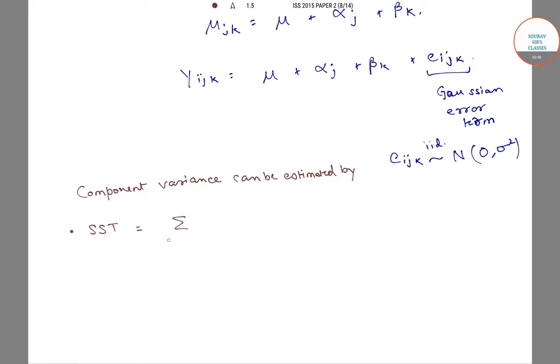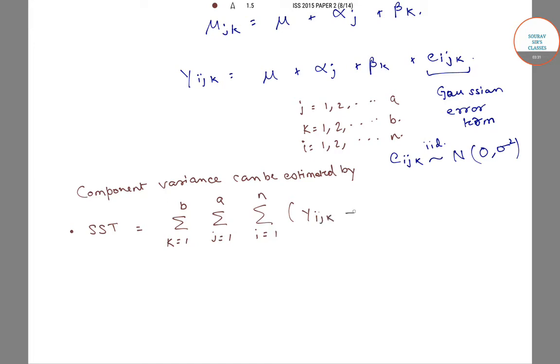This is equal to summation k goes from 1 to b, summation j goes from 1 to a, summation i goes from 1 to n, Yijk minus y bar double dot whole square, and the corresponding degrees of freedom is a b n minus 1.